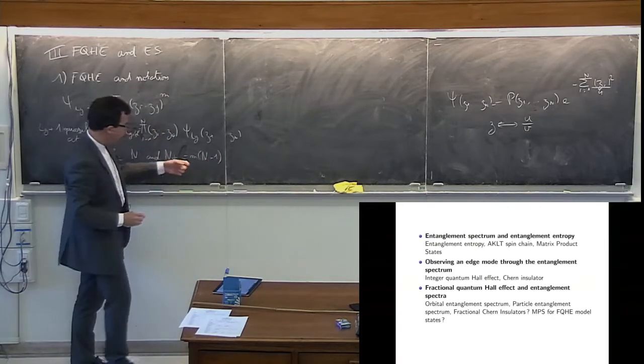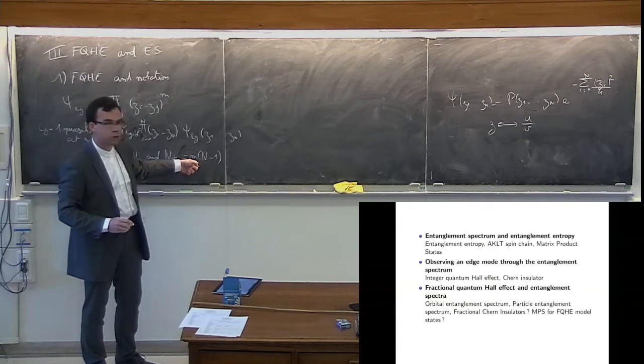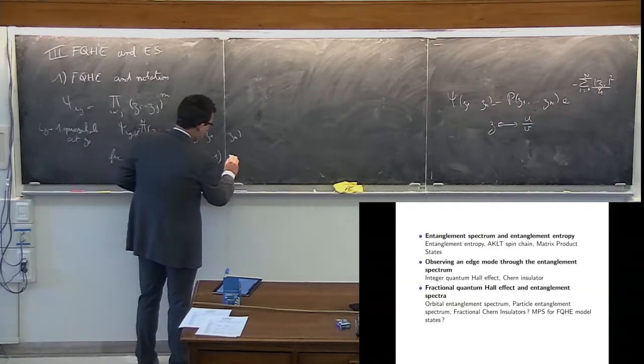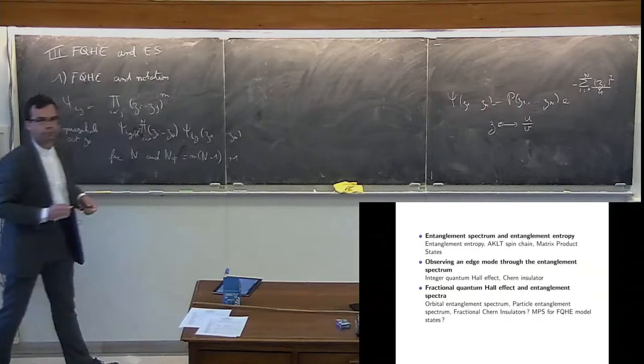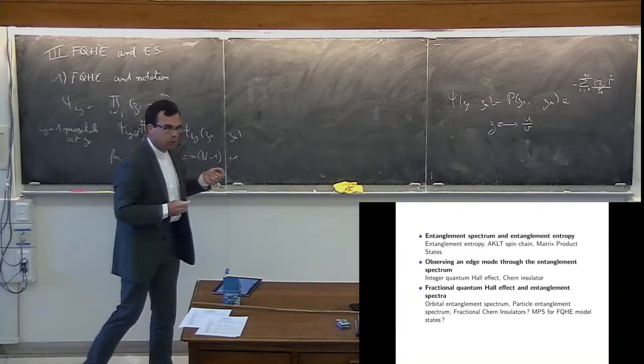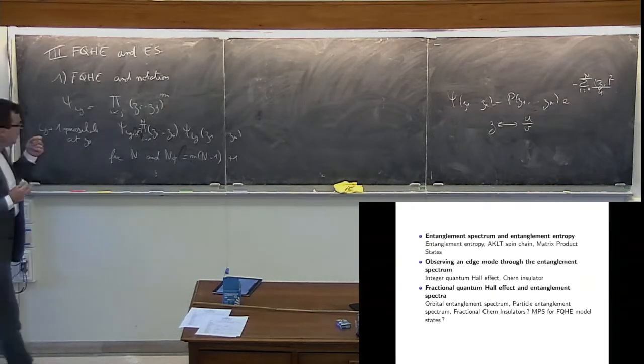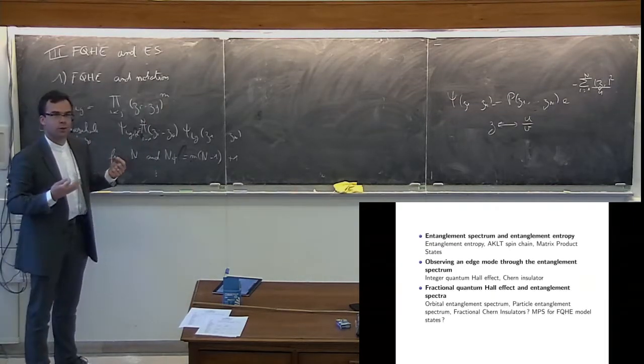So that's the number of flux quanta that you need to realize the Laughlin state. I think you saw that in Karian's lecture, plus one flux, because you add one quasihole to your system. You can wonder how many wave functions I can write down.